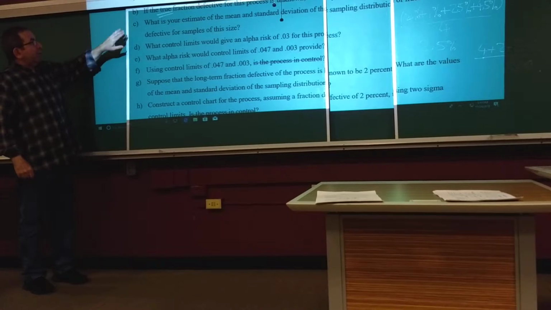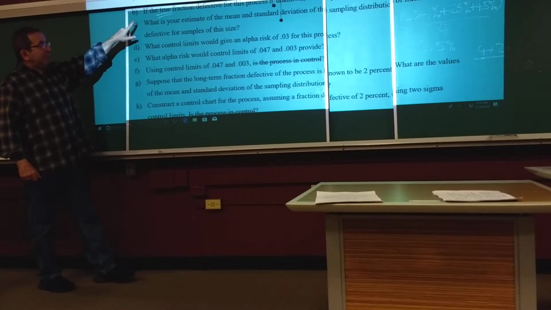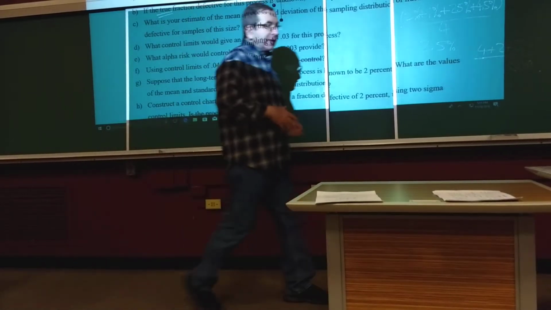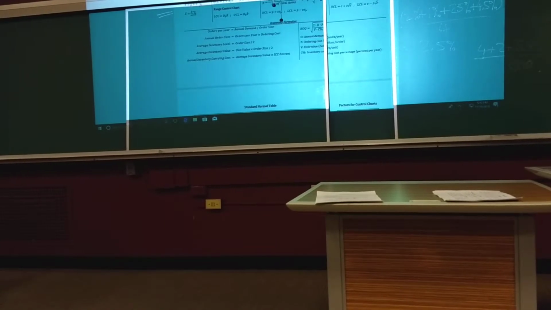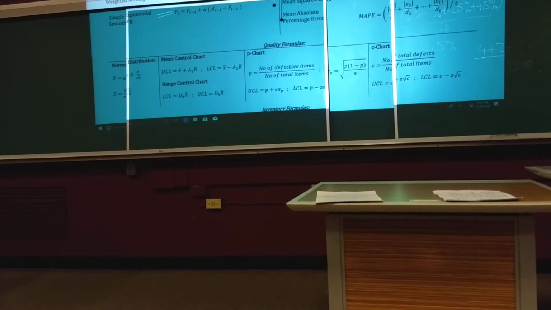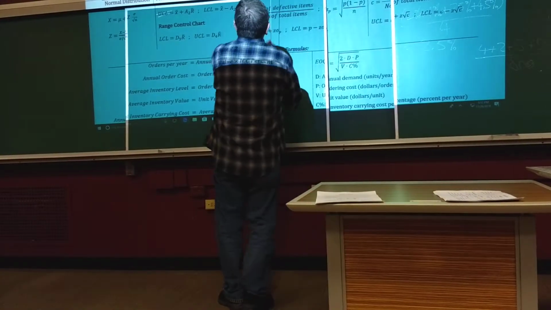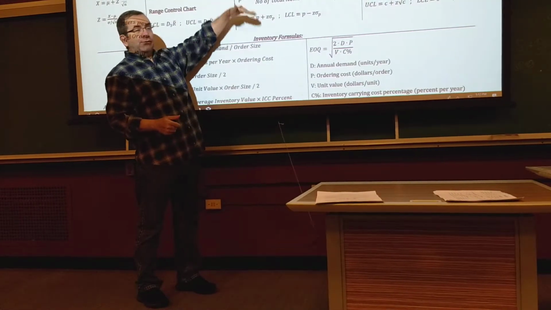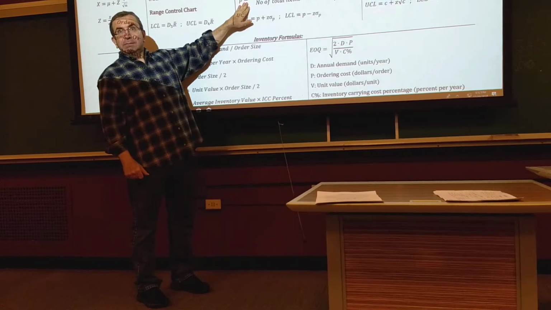All right. And then it says, what is your estimate of mean and standard deviation? Okay. So for that, we go to the formula sheet. These are the formulas for the T-chart. This is the mean.